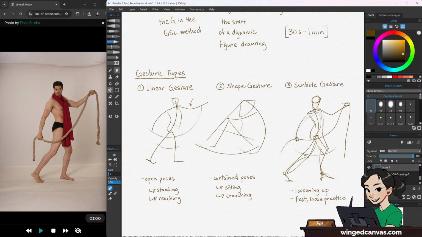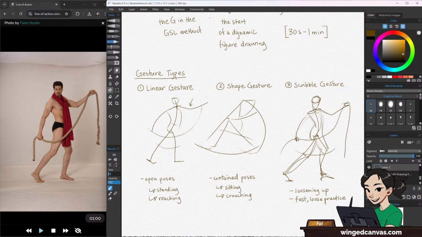So it's more important to draw the opposing rhythm of the shoulders and the opposing rhythm of the hips, for example, because usually one goes this way, one goes the other way. It's more important to capture the curve of the back than the middle of the rib cage. So it's not supposed to be super literal.